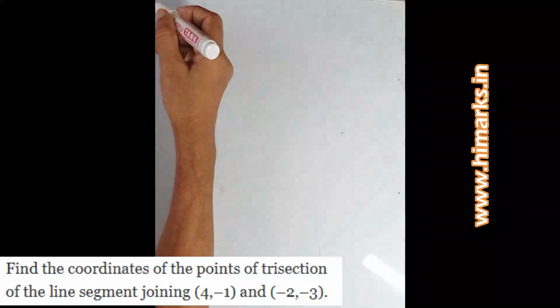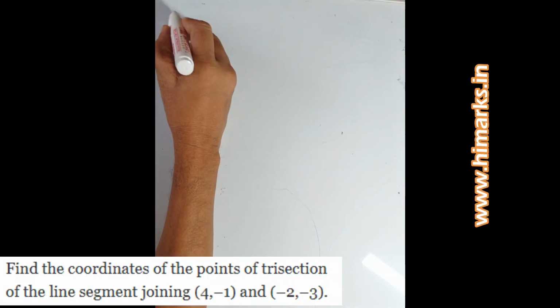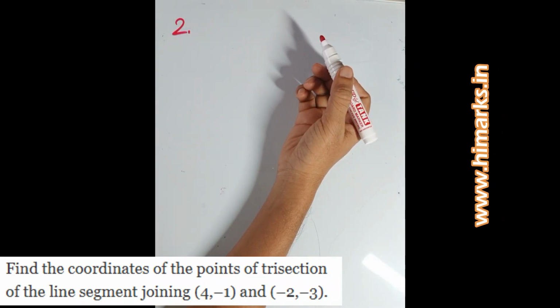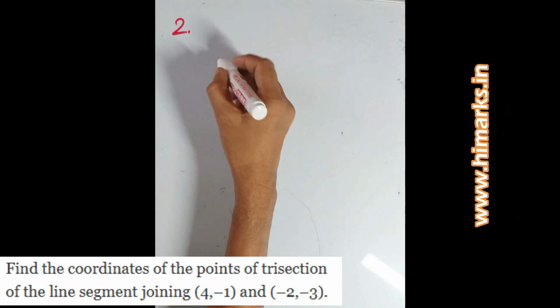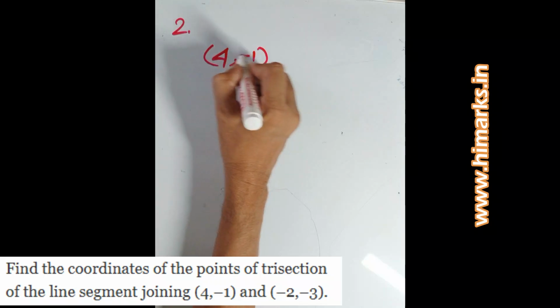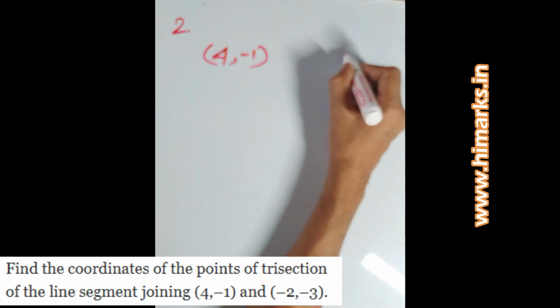In question number 2, two points are given: (4, 1), (4, -1), and (-2, -3).